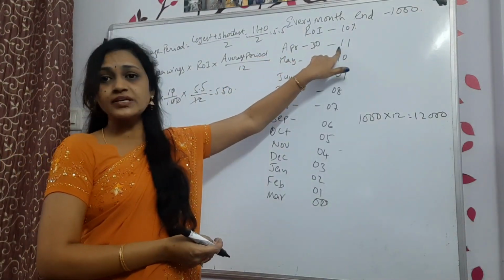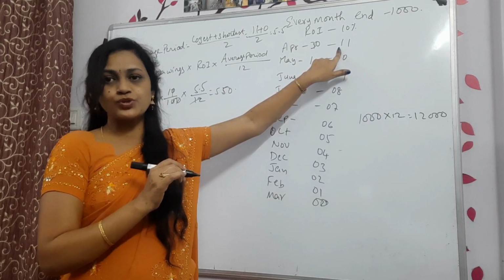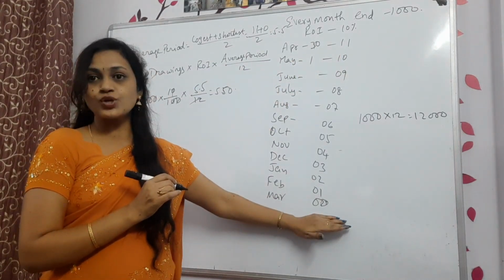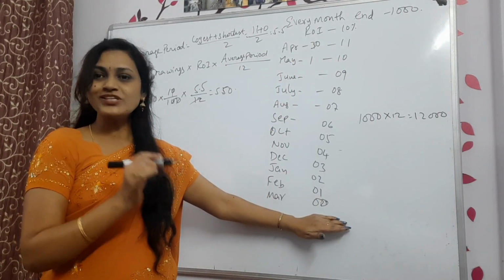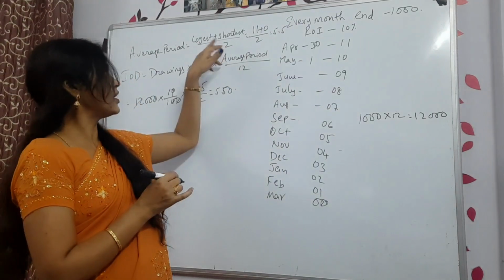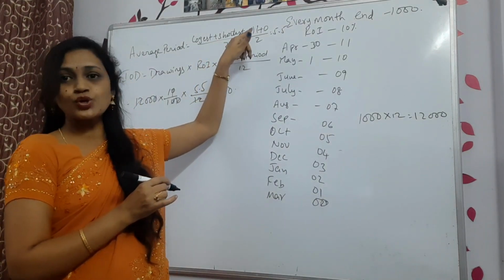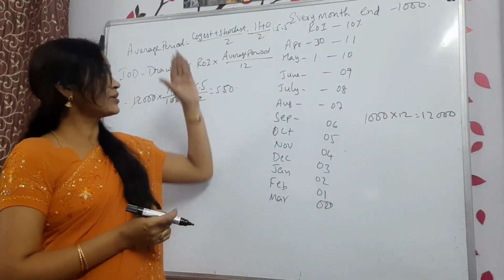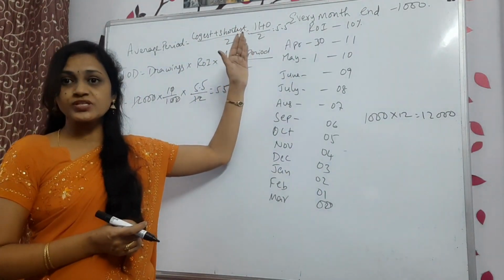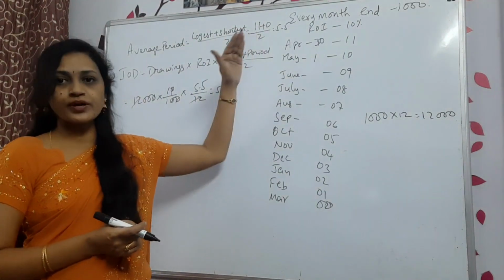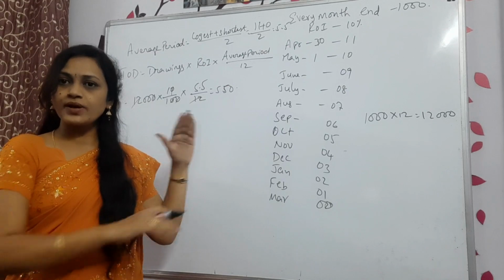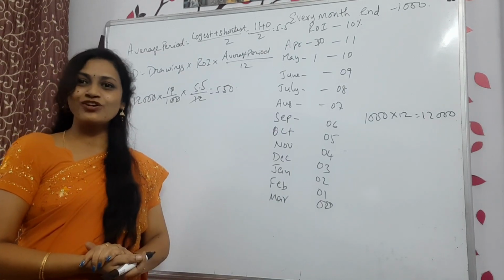So at the first month end, only 11 months are left with you, and for the last withdrawal only 0 months are left. So the average period is 5.5. Now substitute in the formula. This is over. Okay, all of you understood?